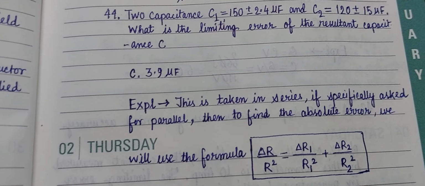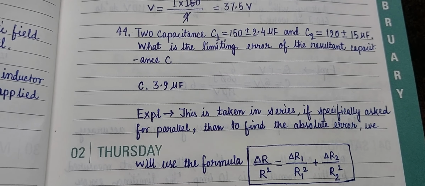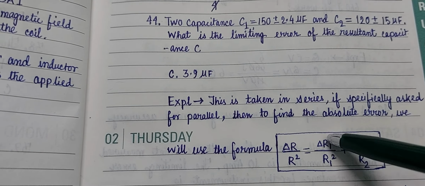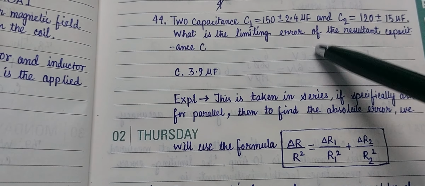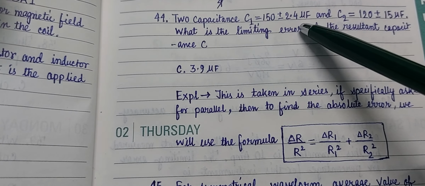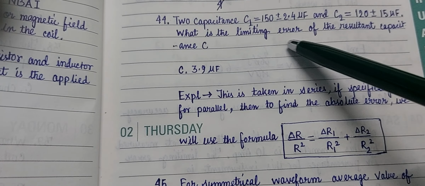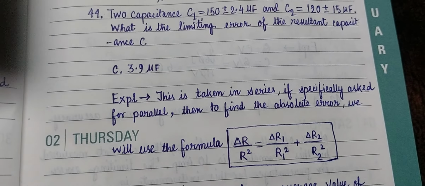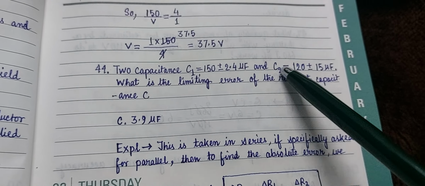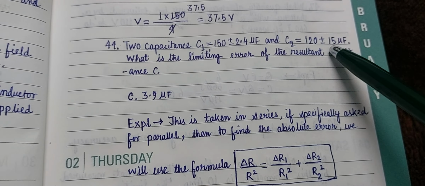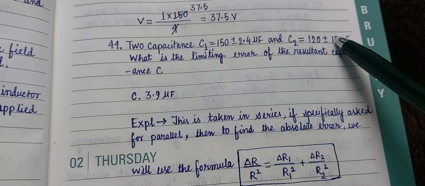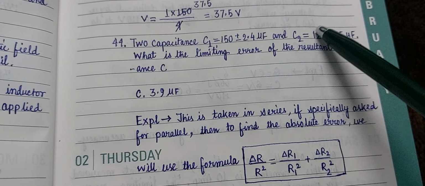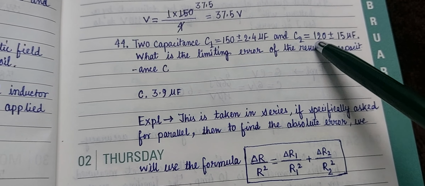We will get the absolute value R square, and del R1 is 2.4 by R1 square, 150 whole square, and del R2 is 1.5 by R2 square, 120 whole square.